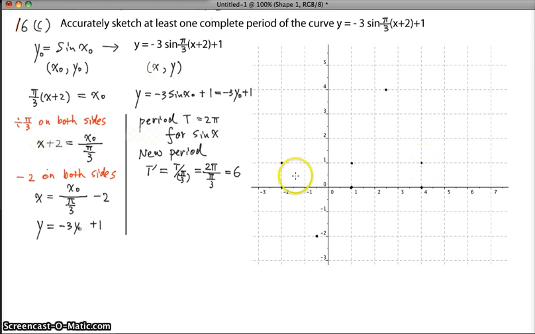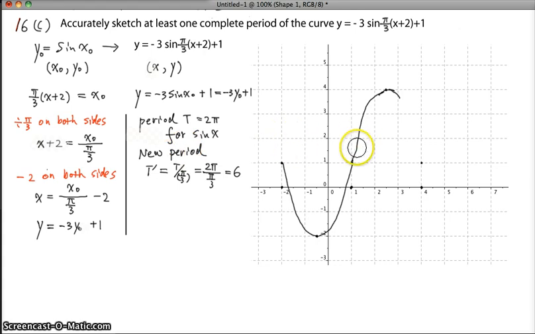Okay, so now we can try to sketch. So it's not easy to do a good job, but I'm trying. And keep going. Oh, it's not very nice.